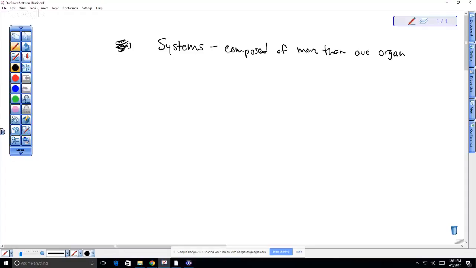Right? So we can talk about, for example, the muscular system. And so this would be all the skeletal muscles in the body. And they're all individual organs, right? So in order for me to move, I generally have to have antagonistic muscles.